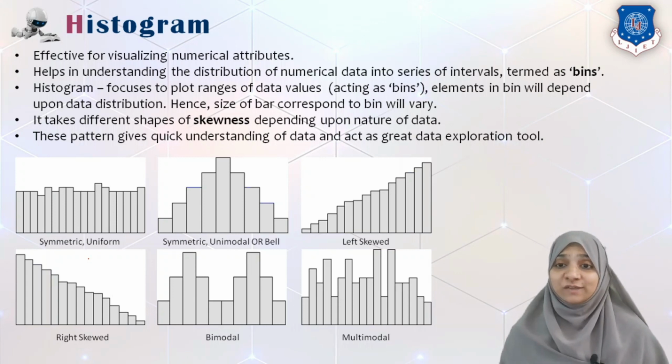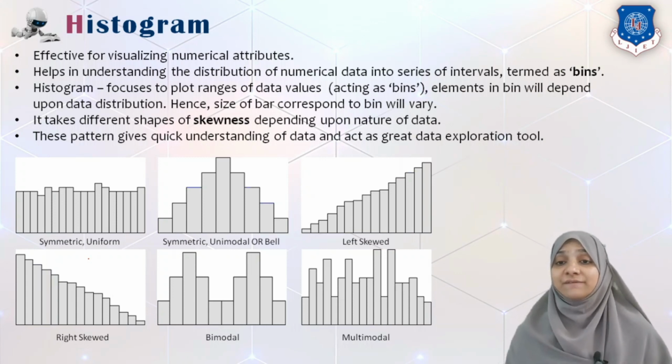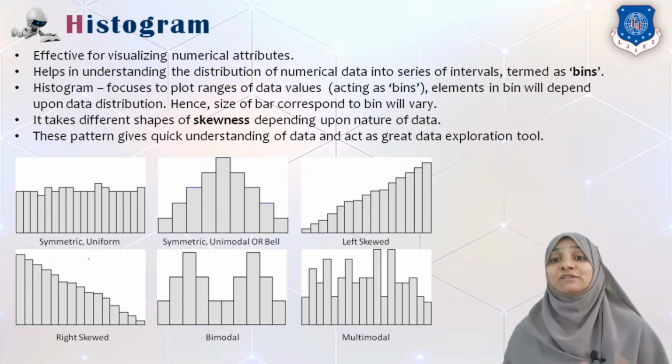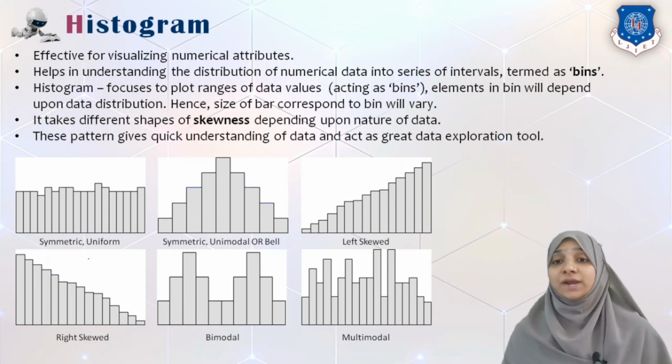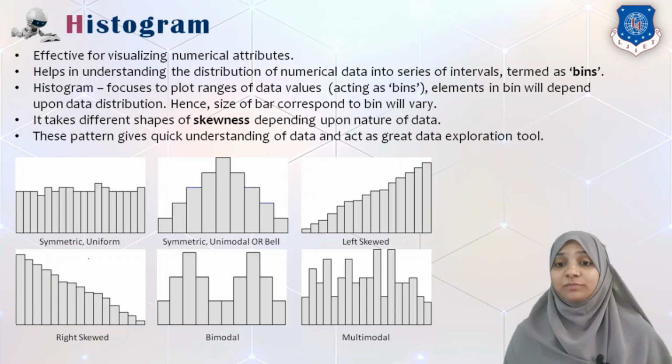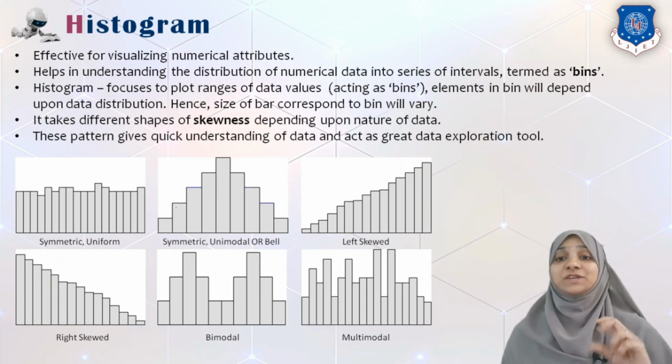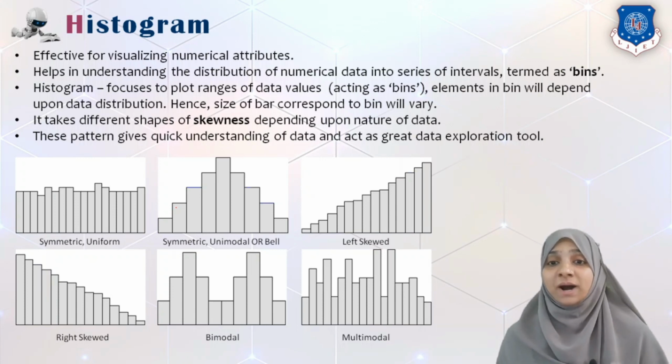We can change the size of the bin. Likewise, we can have persons from age 0 to 10, 11 to 20 and so on. So we can distribute the data set according to the bin size of an attribute. Likewise, we can put the data into the bins, which will give the height of the bar.